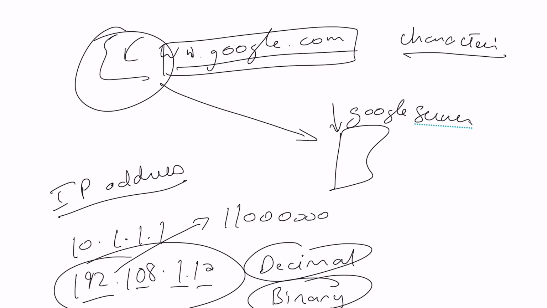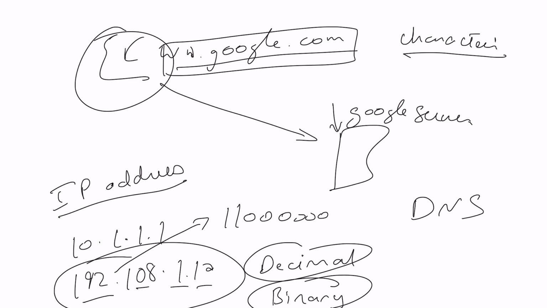Now that conversion of a host name to an IP address, which is binary, is done by a specialized server called DNS, the domain name system. This is a specialized, magical server over the internet, or over the intranet also, I should say, which actually does this conversion of host names to IP addresses. It also does the reverse, IP address to host name, but we'll not get into that. Most of the world works only on host name to IP address, what we see.